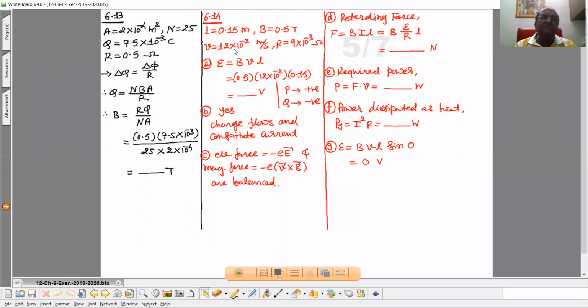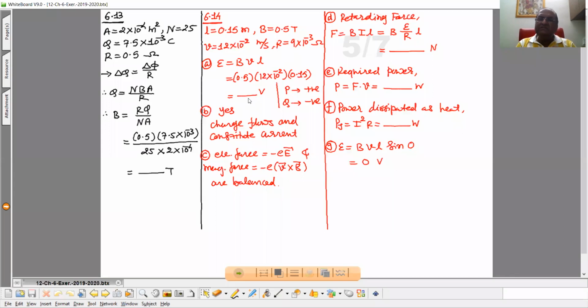It is moved with a speed 12 centimeter per second, so that is 12 into 10 raised to minus 2 meter per second. Resistance, that is 9 milliohm, so that is 9 into 10 raised to minus 3 ohm. So when it is moved, this one is the simple case of motional EMF. So EMF induced in the rod, that is BVL. Substitute the value of B, V and L, you will get the answer.